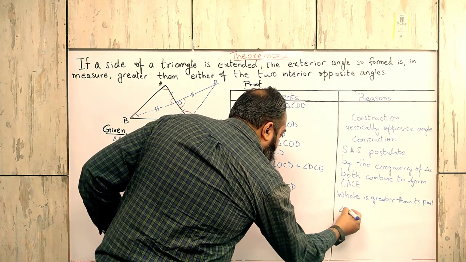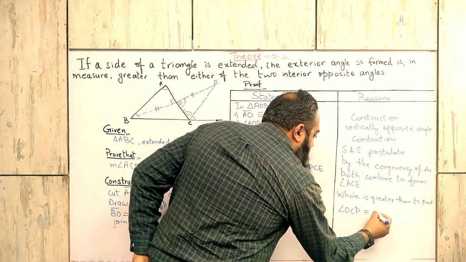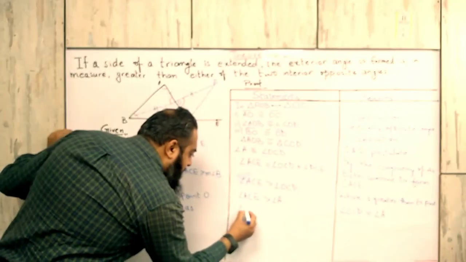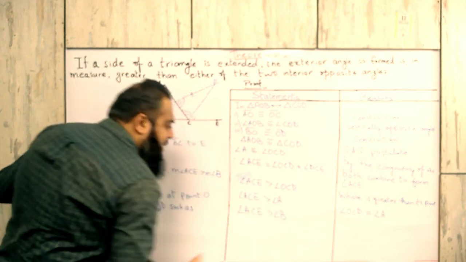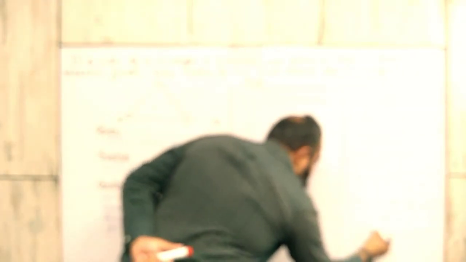In the reason we can write angle OCD equals angle A, because both are congruent according to the congruency of the triangles we have proven above. And now angle ACE will be greater than angle B also, by repeating the above process.